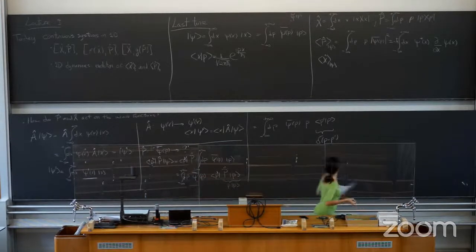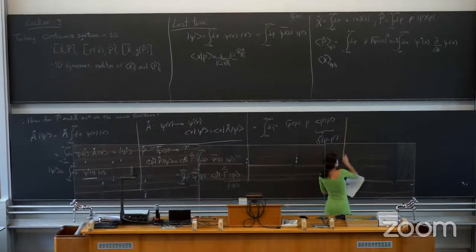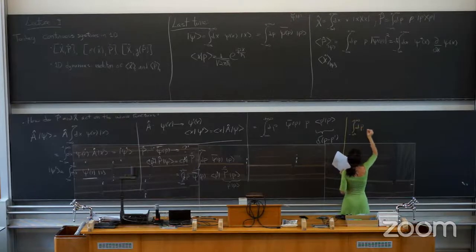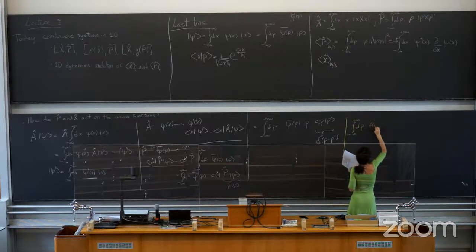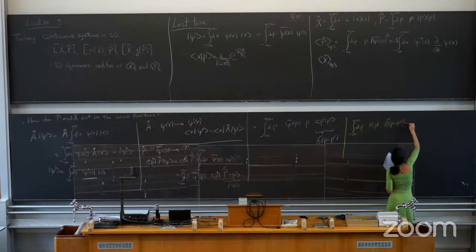So the definition of this function that we saw before, and I think maybe Nuriya went over it in the tutorial, is that for any function f of p, this whole thing is by definition just f.